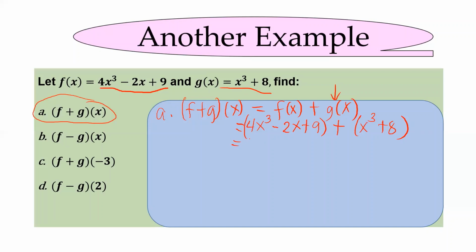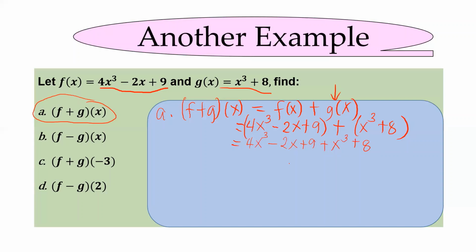So, that would become 4x cubed minus 2x plus 9 plus, okay, positive, positive, positive pa din. So, as is. Positive yung 8, therefore positive 8 pa din. Ang tinanggal lang natin is yung parentheses.